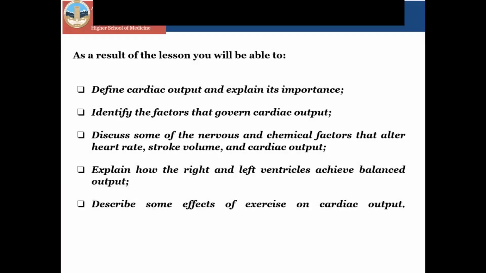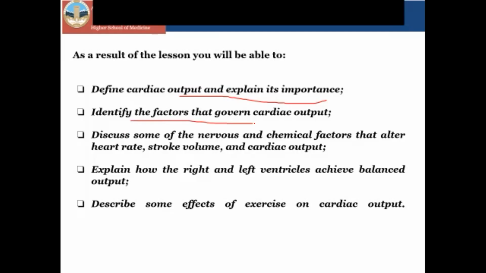As a result of this lecture, you will be able to define cardiac output and explain its importance. Identify the factors that govern cardiac output, and some nervous and chemical factors that alter heart rate, stroke volume, and cardiac output.